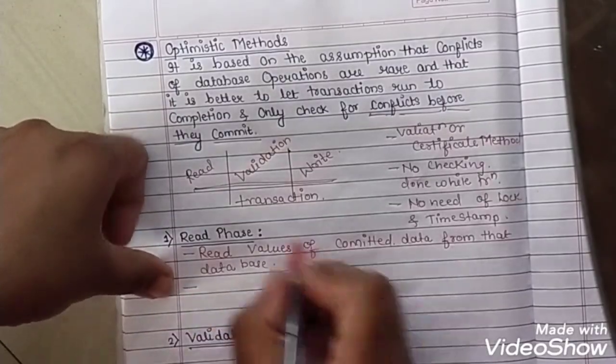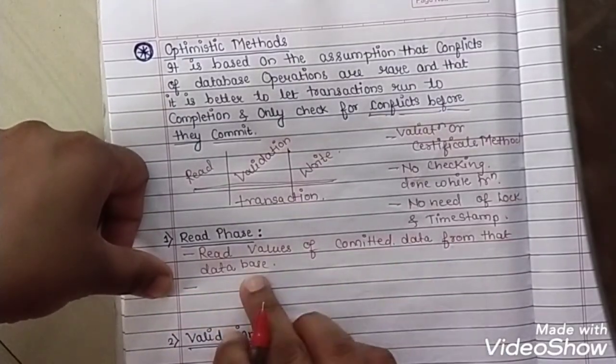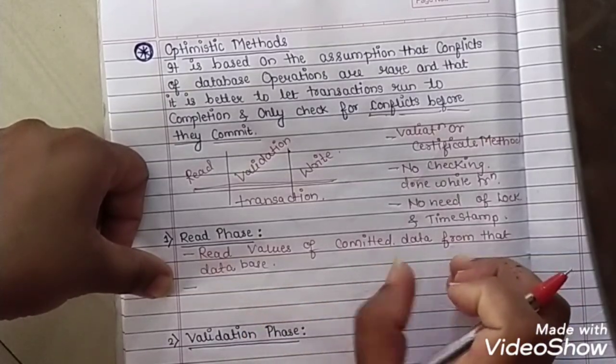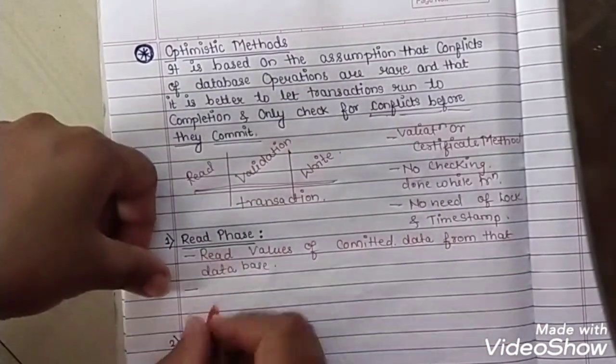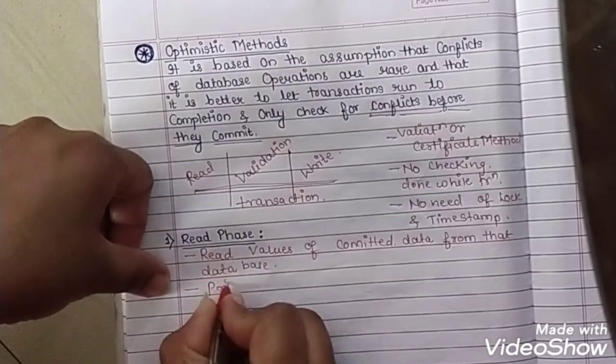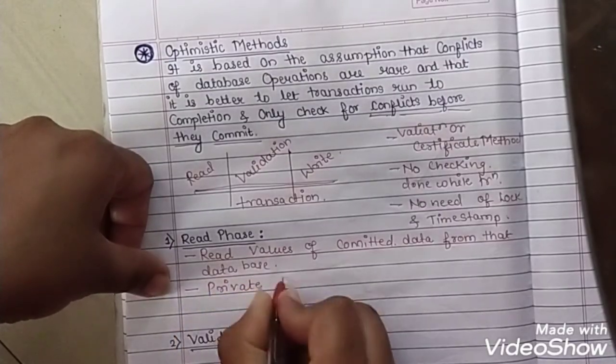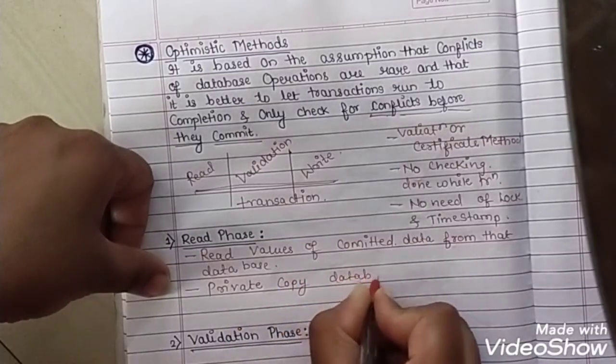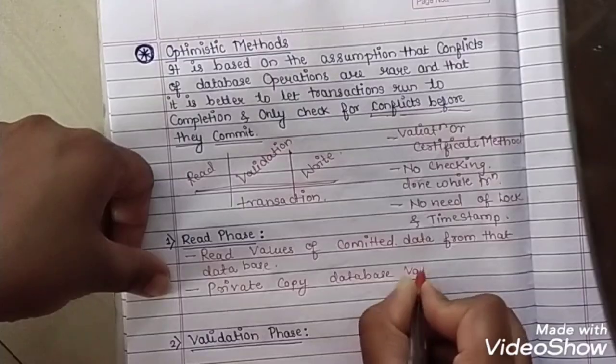Now after taking that data from the database, we will create a private copy of it. Whatever values we read from the committed data, we create a private copy of those database values.